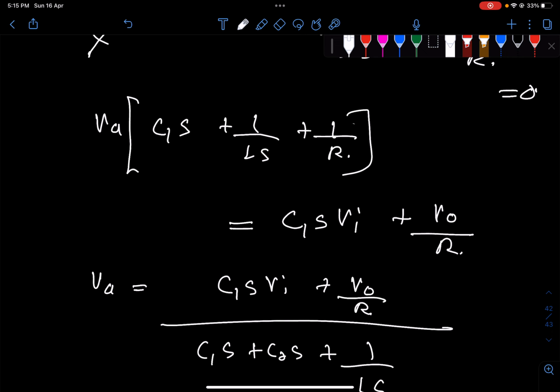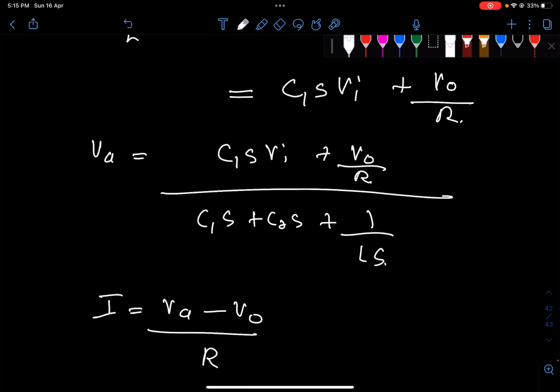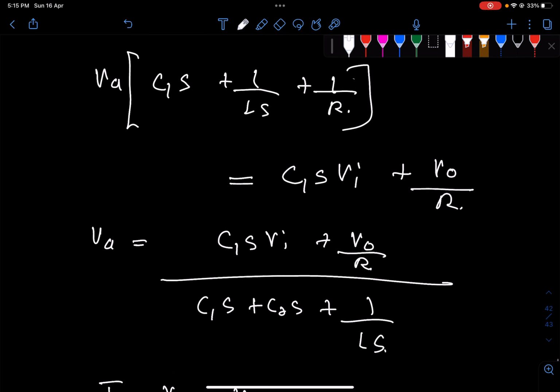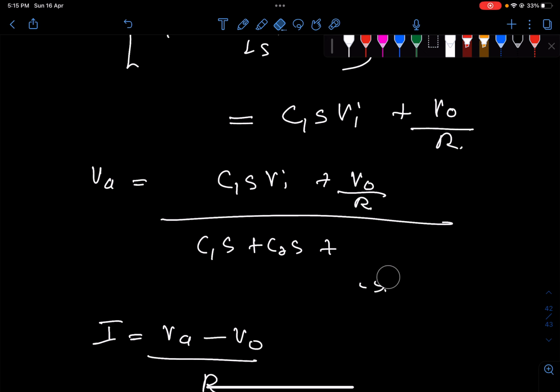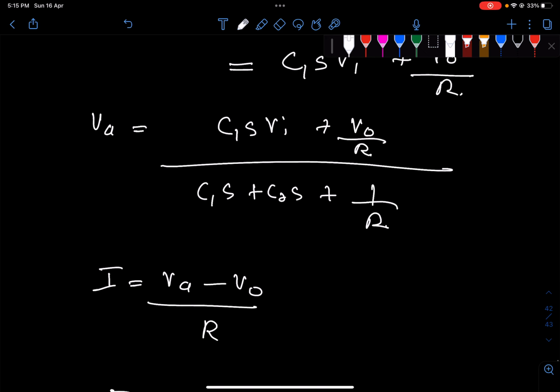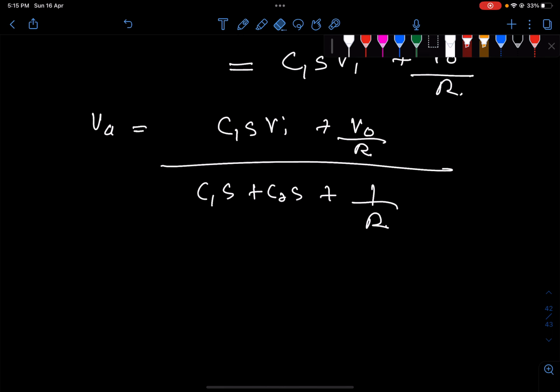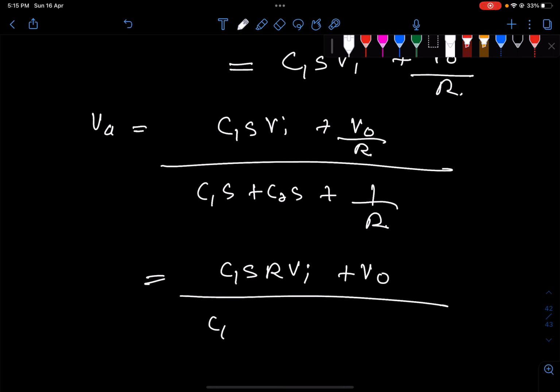Before going to that one, I may multiply throughout by R. So it is C1S R VI plus V0, R C1S plus R C2S plus 1, and this will be R C1S VI.